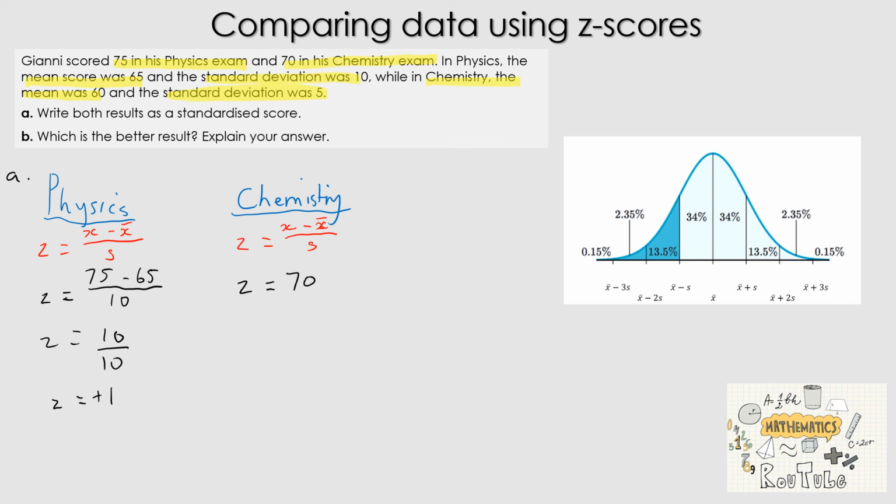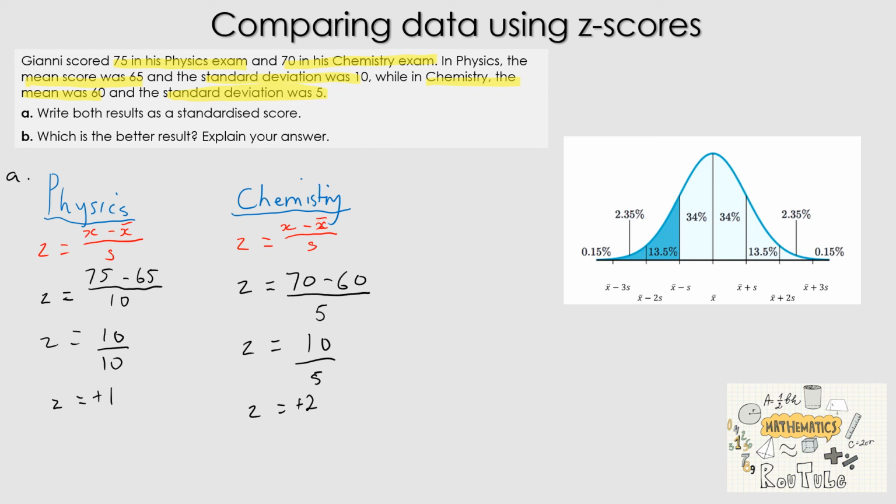Well, he scored 70, and we're going to subtract the average or the mean, the x bar, which in chemistry was 60, and divide it all by the standard deviation, which was 5. Again, put it straight into your calculator, and we should get 10 over 5, which will give him a z-score of +2. Again, you don't need to write the positive. Okay, so there is part A completed.